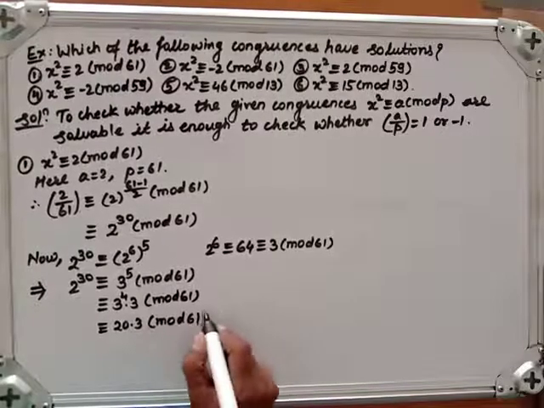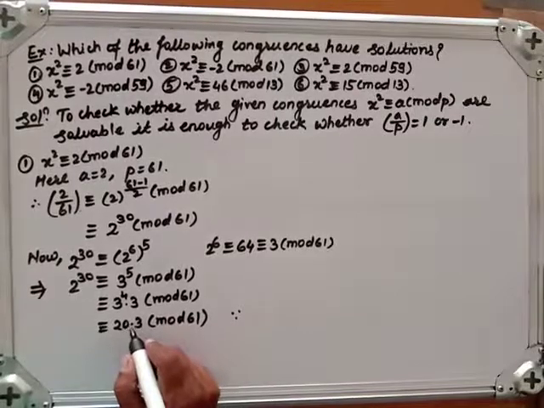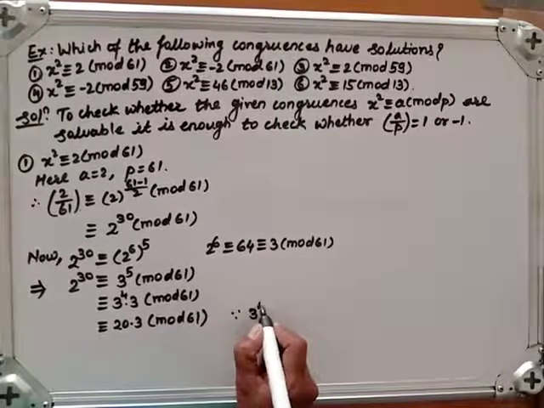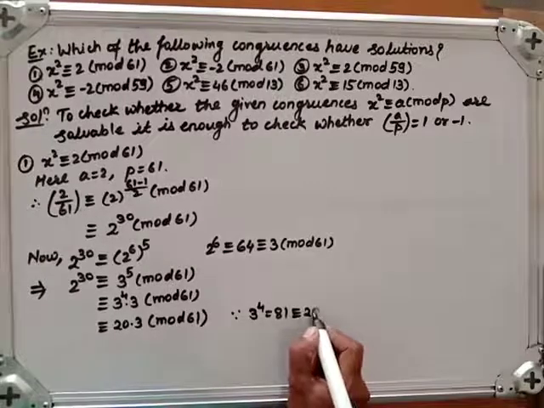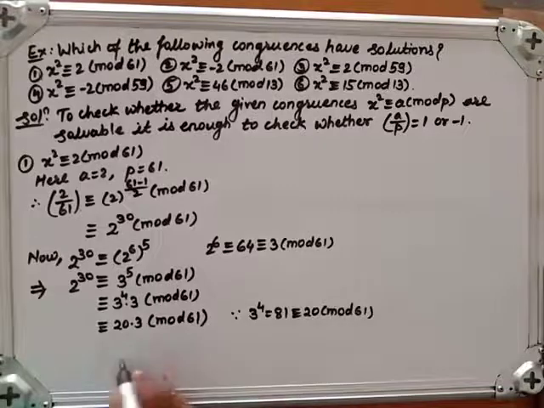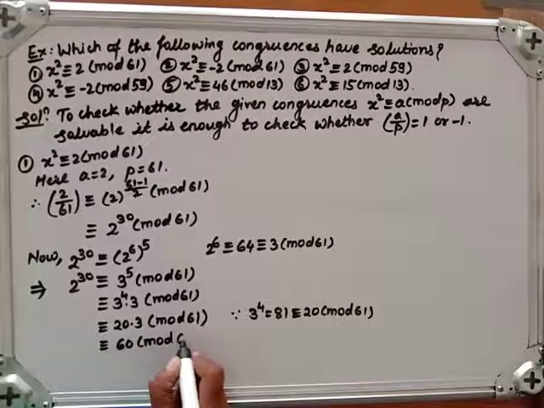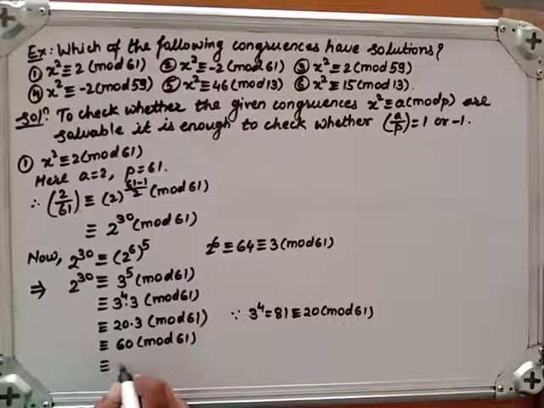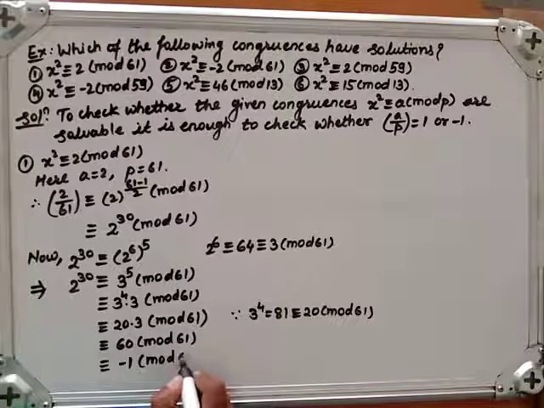Since 3 raised to 4, that is 81, is congruent to 20 modulo 61. Now this is equivalent to 60 modulo 61, that is equivalent to -1 modulo 61.